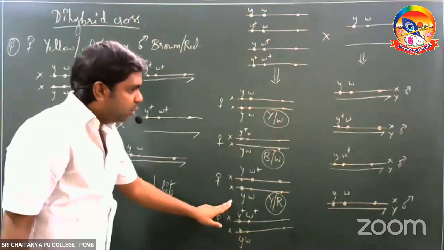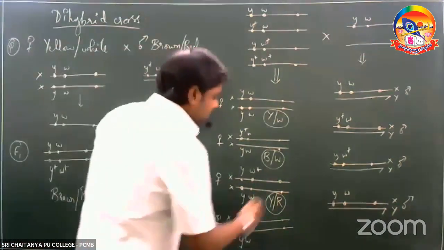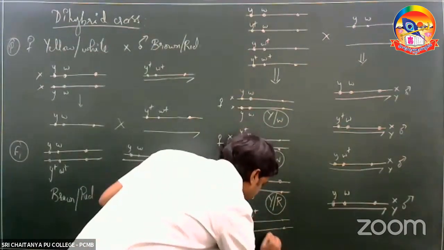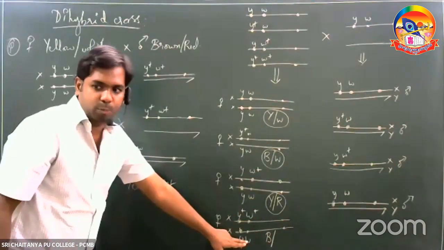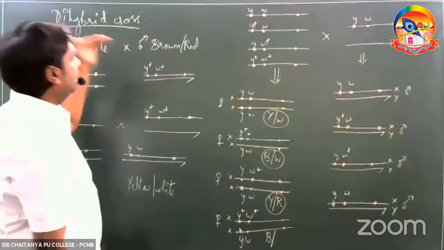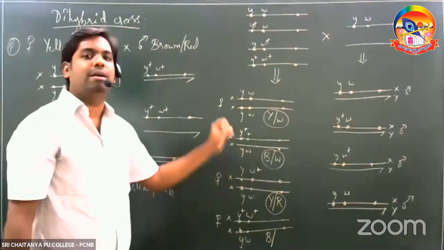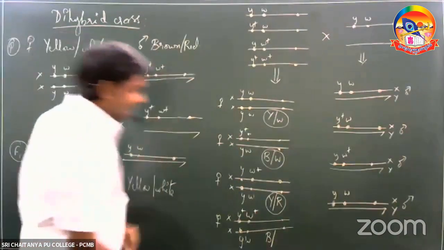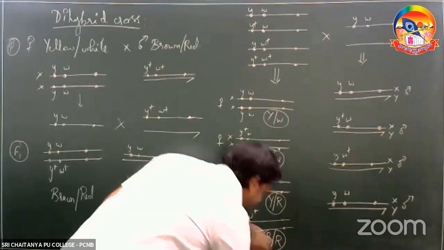Since both are heterozygous, y+ and y together, the dominant trait would be expressed, and the dominant trait here would be brown body. And w+ and w is heterozygous for the eye color also. Since it is heterozygote, only the dominant allele would be expressed, and that dominant trait here would be the red eye. So this individual will be a brown bodied, red eyed individual.